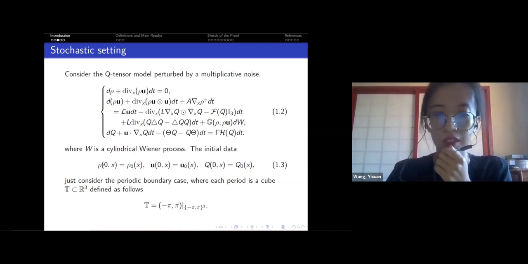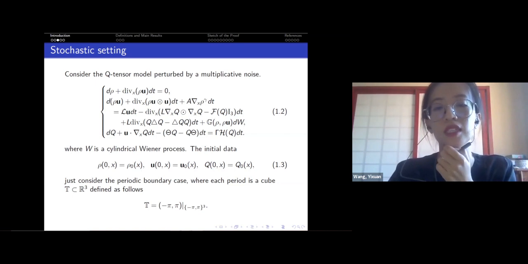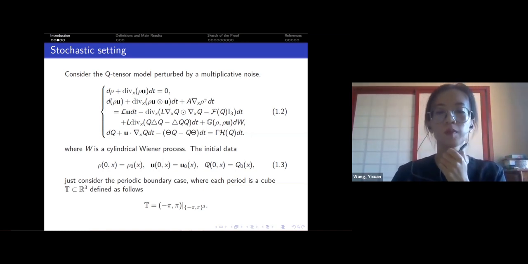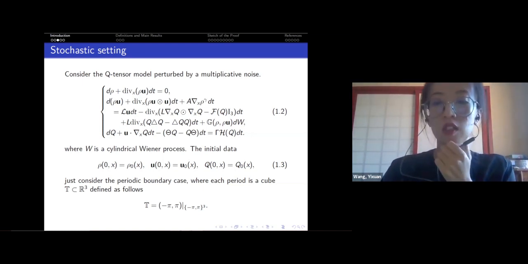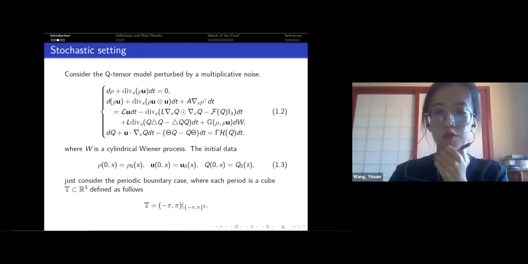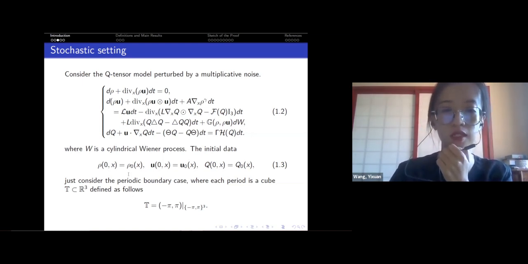The initial data is defined as ρ0, u0, and Q0. Since we have defined ρ0 to be positive, away from the vacuum state, we can define this initial condition as u0 solely instead of the initial momentum ρ0 u0. We also say Q0 is in the trace-free space.